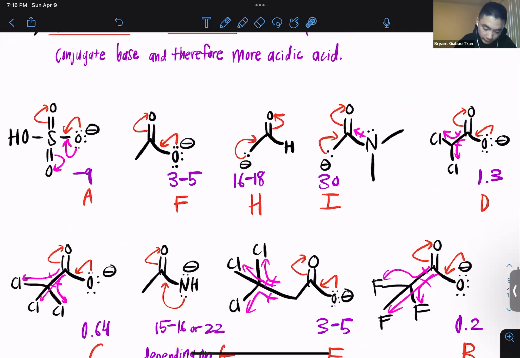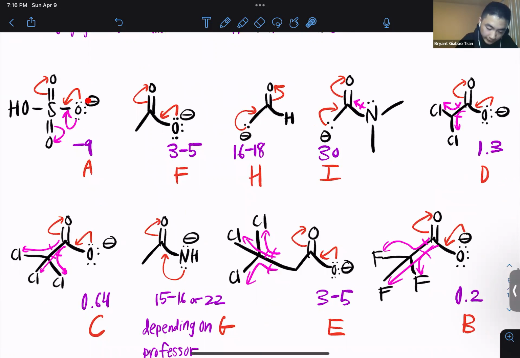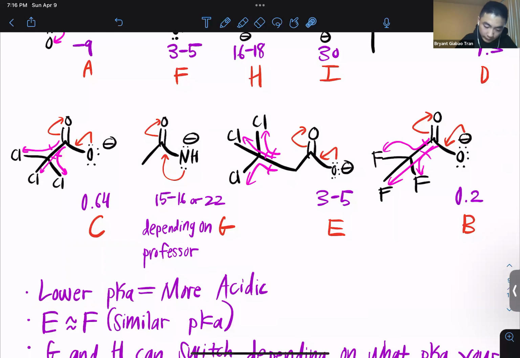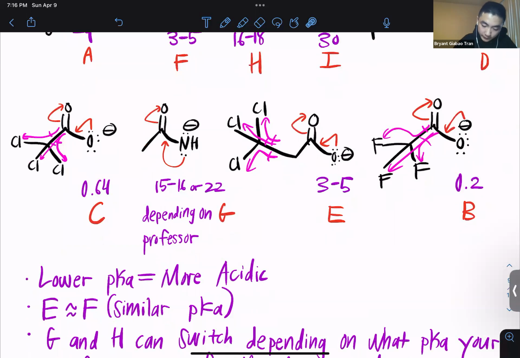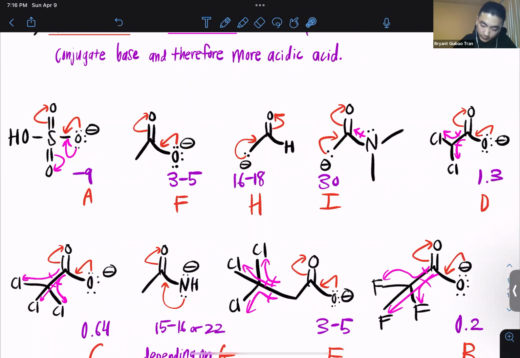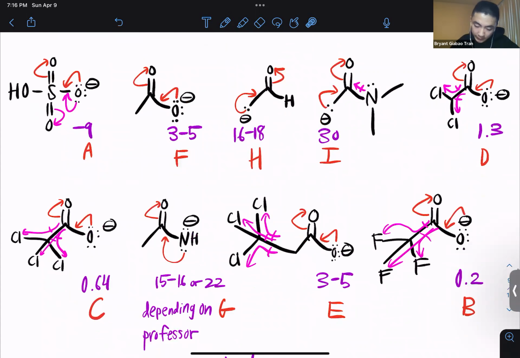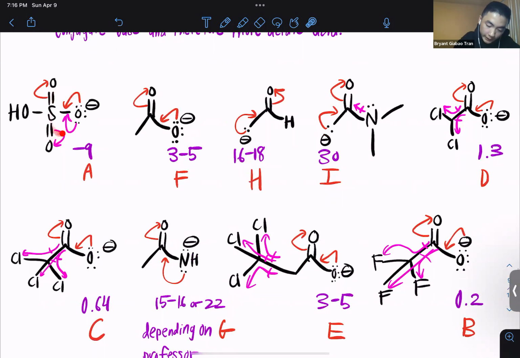And we see that in this case, this negative charge on the oxygen can do resonance both ways, 1, 2, which gives it a pKa of -9. So the lower pKa that you have, the more acidic you are. Okay. And then we see here, this compound A has the most resonance out of every single one, because this negative oxygen can resonate both in 2 ways.